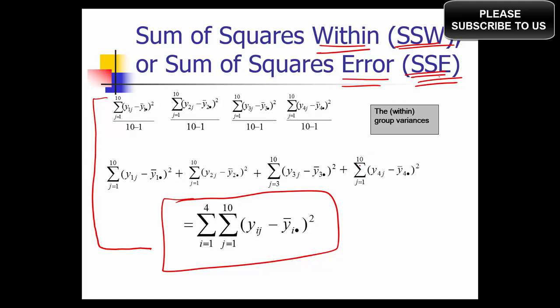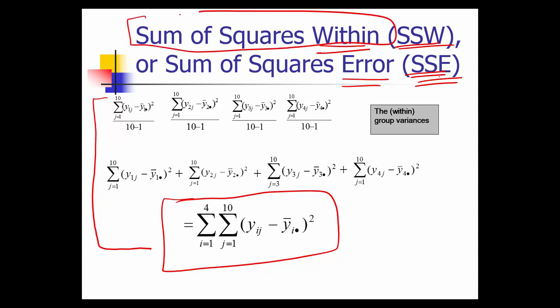Error is something that is known in the linear regression statistical modeling technique, so many times people use it as an error. If you are aware of what linear regression is, you can relate, but otherwise just leave it. We just take it as SSW, but SSW and SSE are just the same.